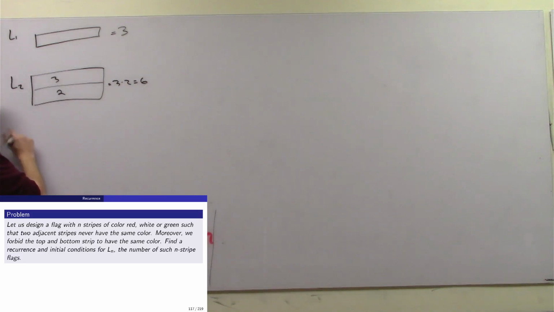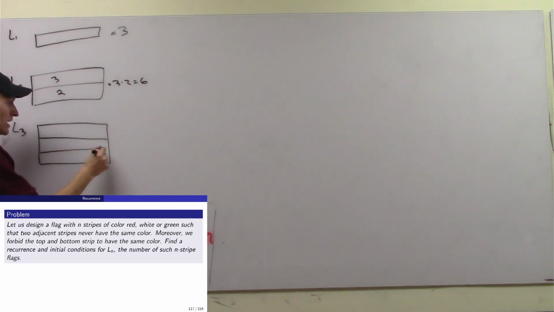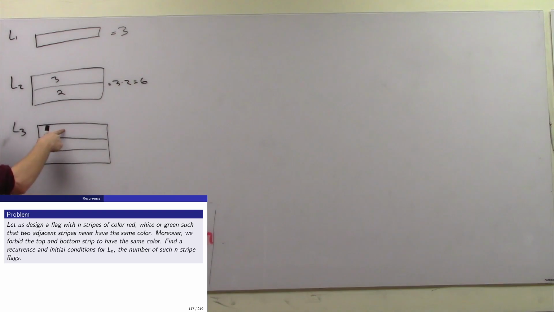Maybe you have L3. You can sort of see what's going on. Okay. And I'm going to do something a little different. I claim I have 3 colors to pick for this top line. Pick that in one of 3 ways. But I'm not going to go to this next thing here.